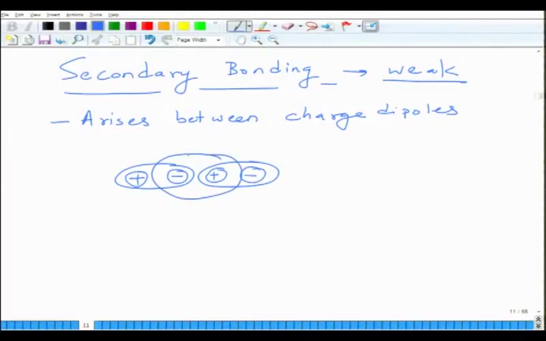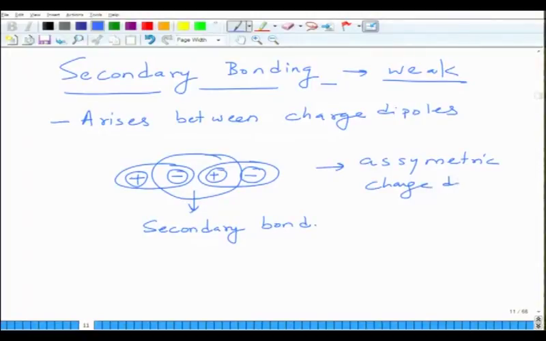These two attract each other, they form what is called a secondary bond. Okay. So, this is because of asymmetric charge distribution, and when you have asymmetric charge distribution, you will have formation of electric charge dipoles.